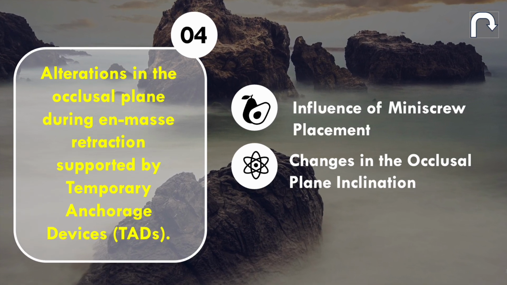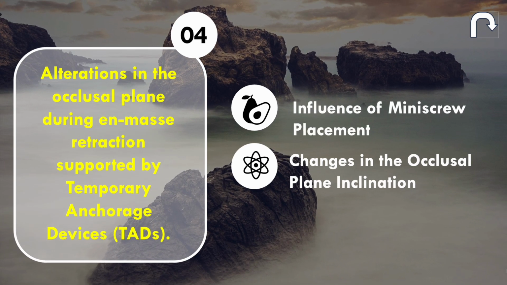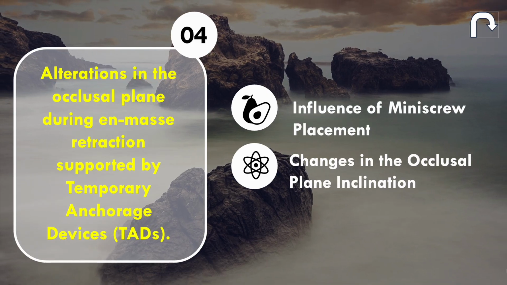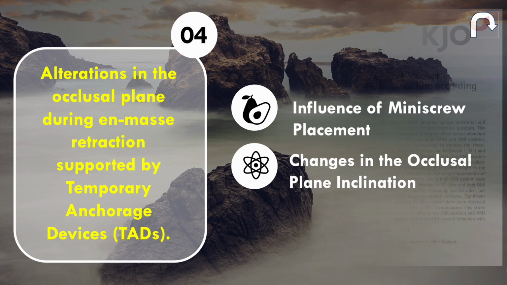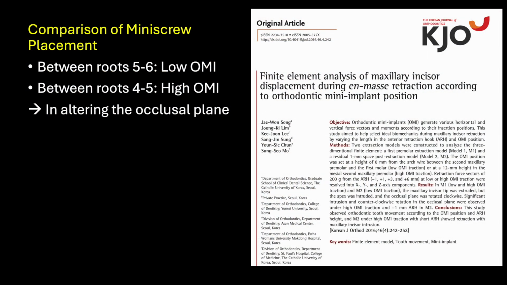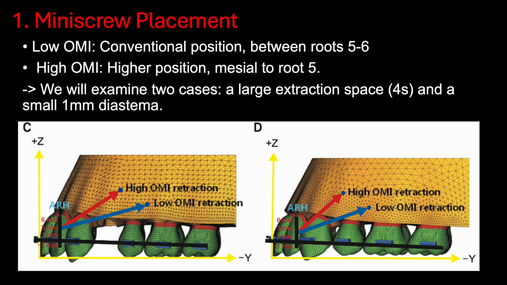We move on to section 4, the alteration in the occlusal plane during en masse retraction supported by TADs. So let's take a look at this article that comes from Korea. There are two places that we put the miniscrews. We call it low OMI when we put the miniscrew between the roots of number 5 and number 6, and high OMI when we put the miniscrew higher, mesial to the root of number 5.